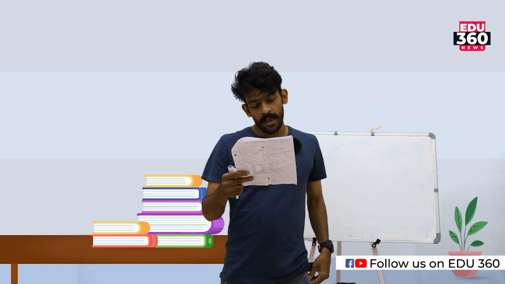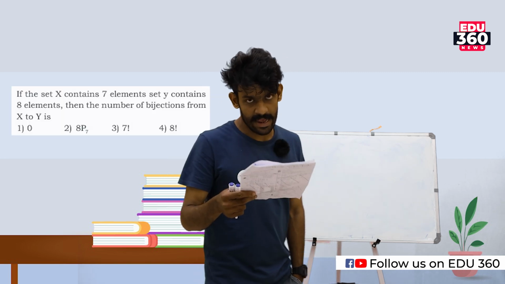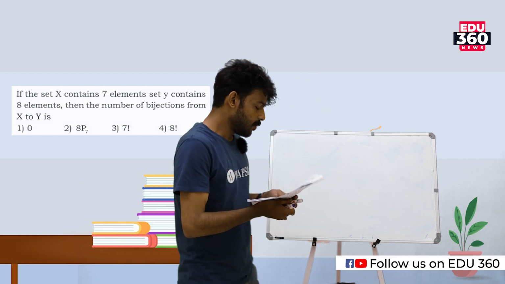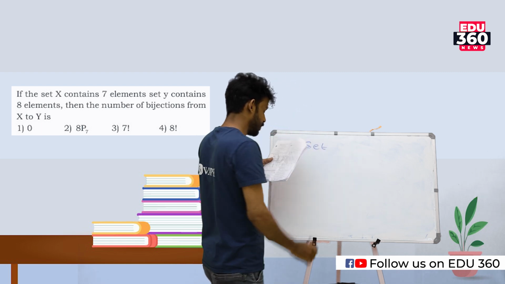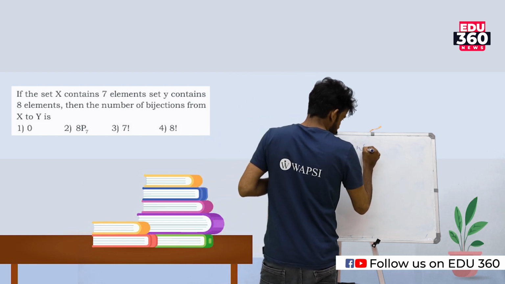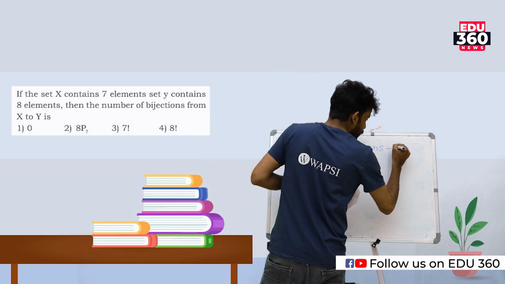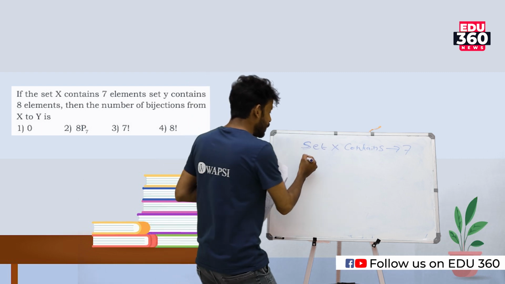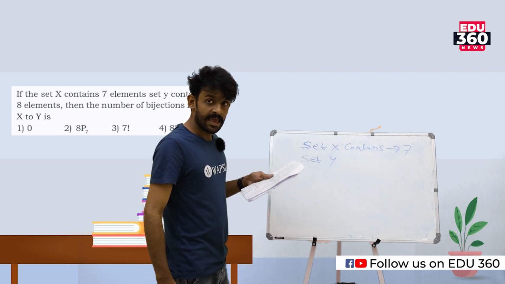If the set X contains 7 elements and set Y contains 8 elements, then the number of bijections from X to Y is? Okay, it's given that set X contains 7 elements, and set Y contains 8 elements.